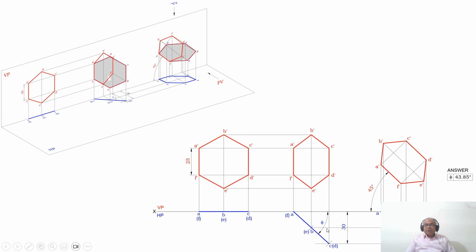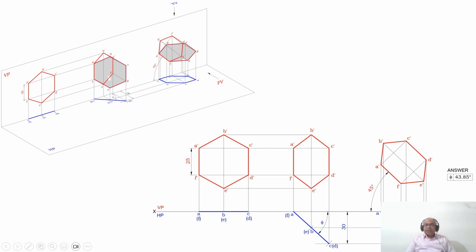Similarly, you draw a horizontal projector from B and E to the third position top view. Draw a vertical projector from both B dash and E dash. These two lines will intersect at this point and also at this point. You mark those 2 points as B and E. Similarly, you draw a horizontal projector from C and D to the third position top view and draw a vertical projector from both C dash and D dash, and these 2 lines will intersect at this point and also at this point.